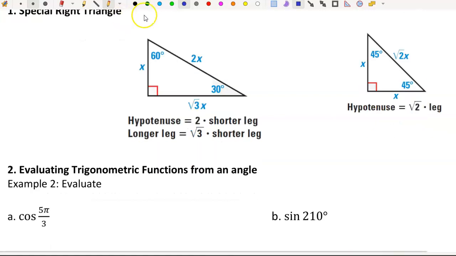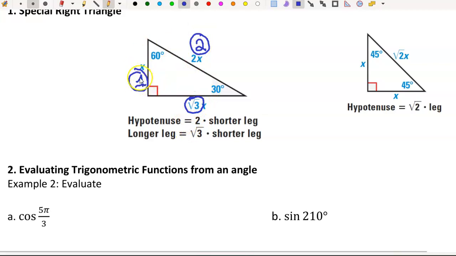But always go back to the 30, 60, 90, which says, if this side is x, and usually we use 1 as the x, so the hypotenuse is twice as long, or 2, right? So if the short leg is 1, the hypotenuse is twice as big, and the long leg is root 3 times 1, which is just root 3.